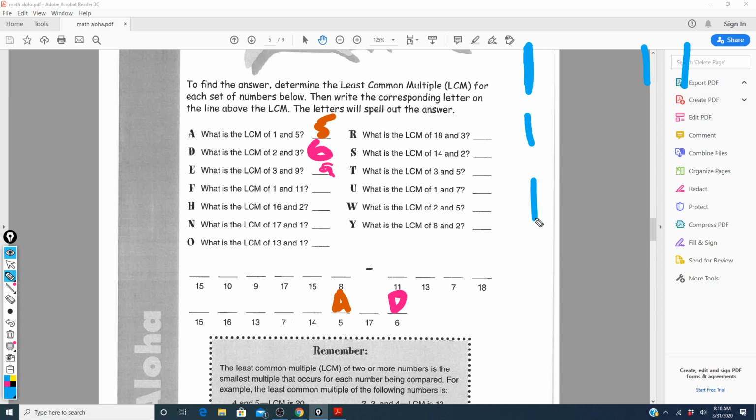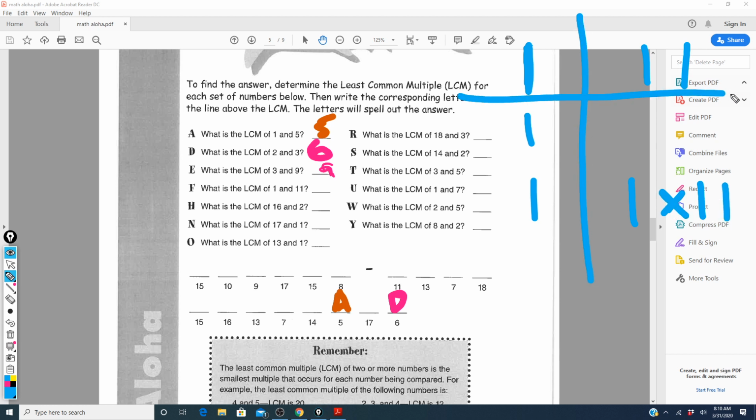And the factors of 11 are 1 and 11. This is kind of self-explanatory here, guys. How many times does 1 occur? The greatest number of times 1 occurs is 1. And then you take it times your 11, which will make it 11.